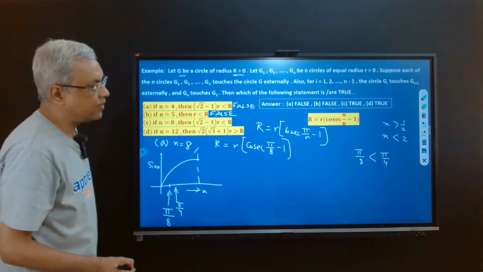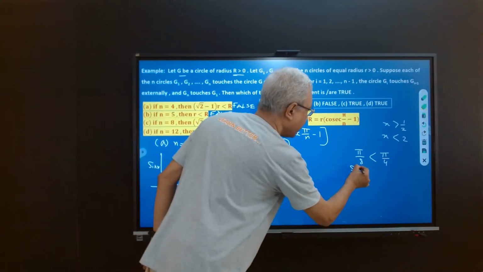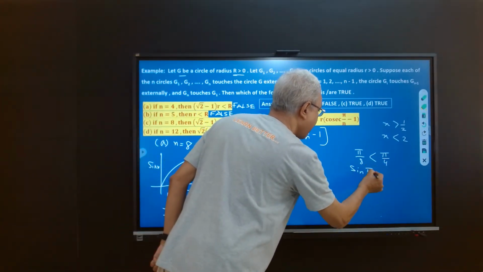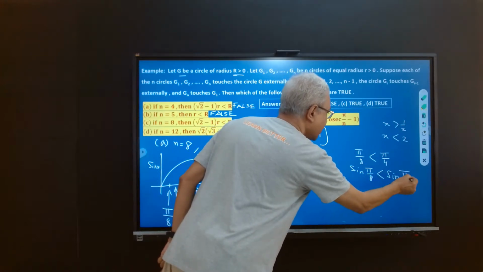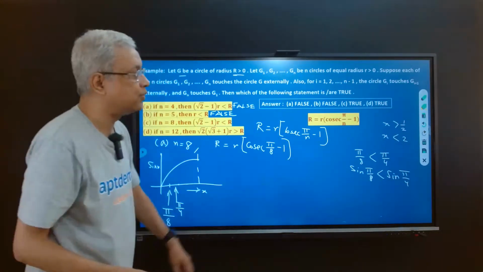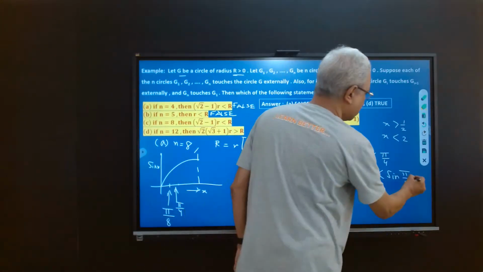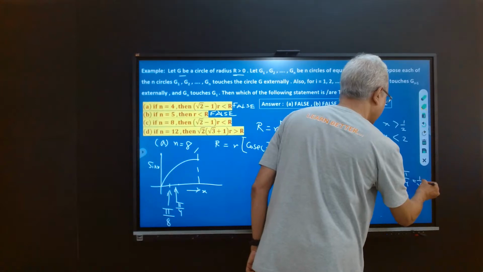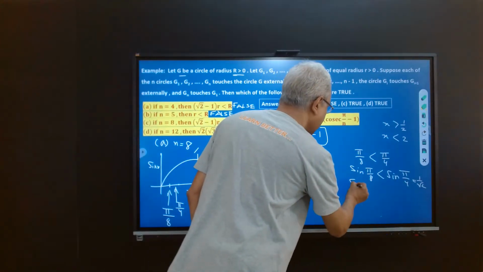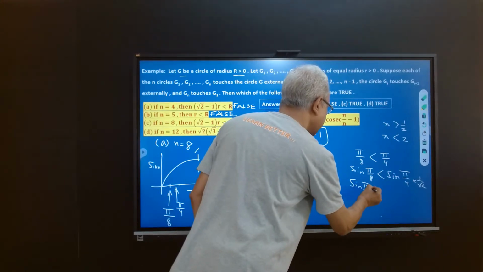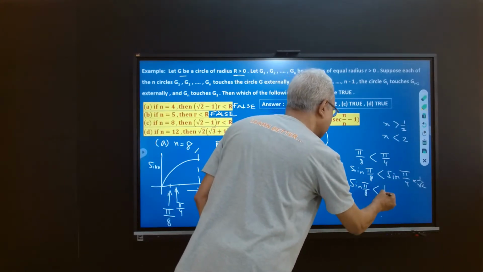So sin pi by 8 must be less than sin pi by 4. But sin pi by 4's value we know. It is 1 by root 2, a standard value. So sin pi by 8 is less than 1 by root 2.